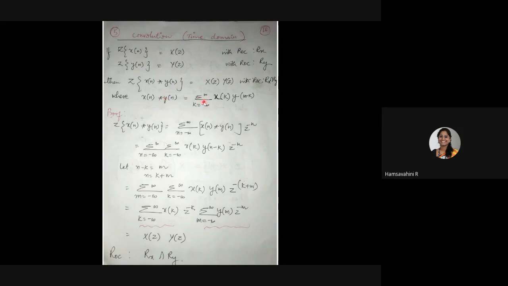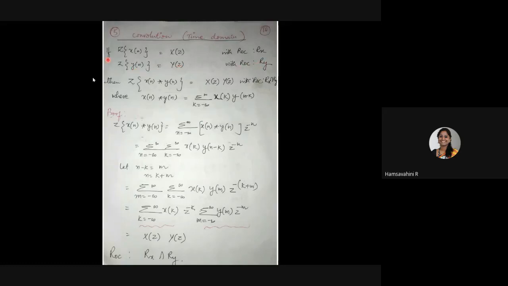Which is equal to summation k equal to minus infinity to plus infinity x of k into y of n minus k. h of n minus k is replaced with y of n minus k. In this case, suppose the z transform of the first signal x of n is X of z with ROC Rx, and the z transform of y of n is Y of z with ROC Ry.